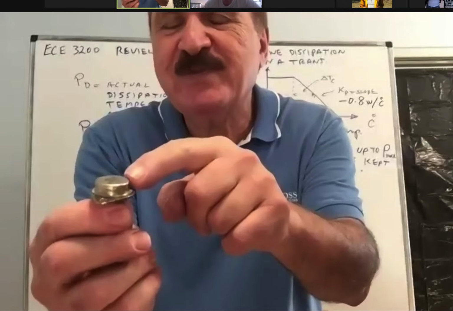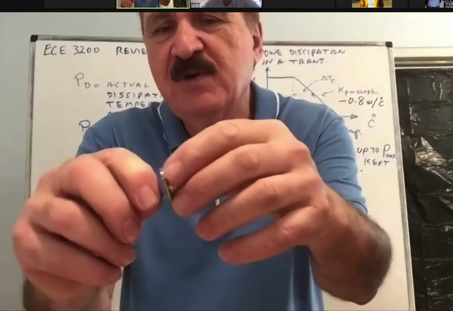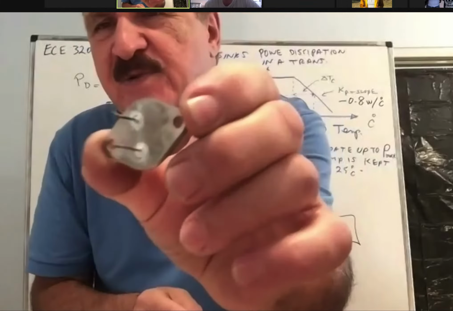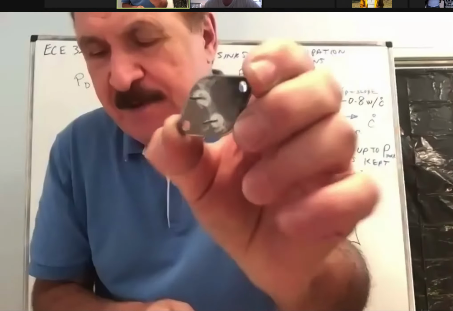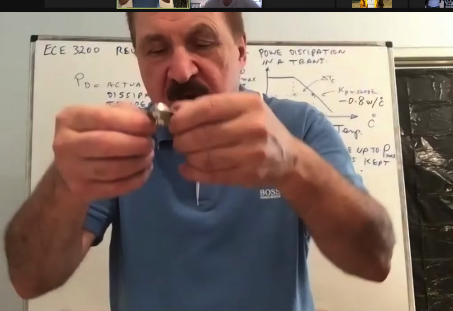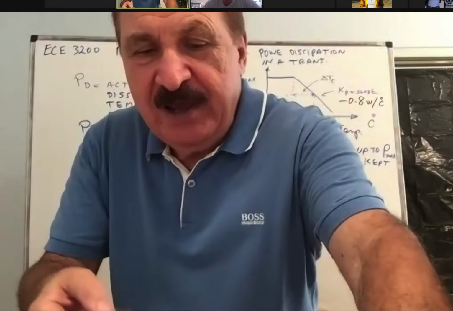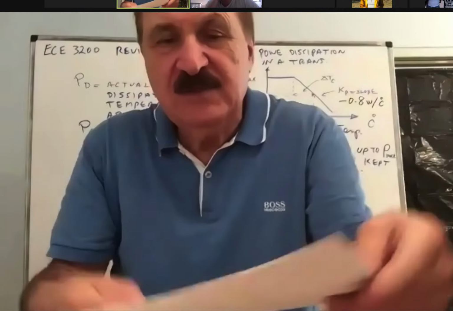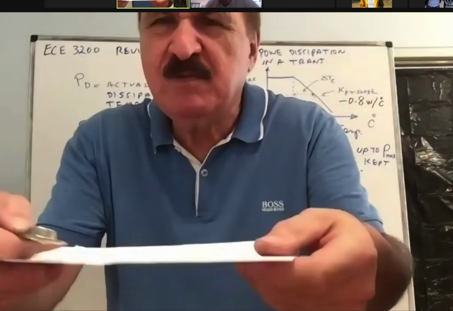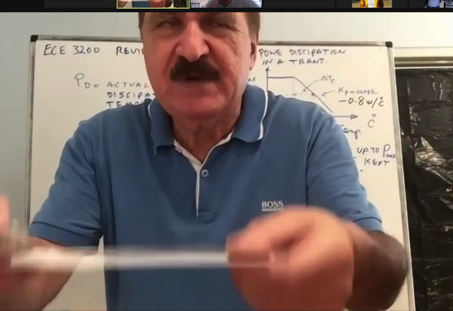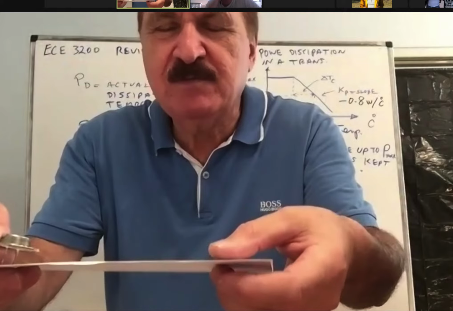So we'll take this transistor. Look, the bottom is flat, deliberately made flat. And we will install it on a plate, preferably, as far as weight is concerned, an aluminum plate.